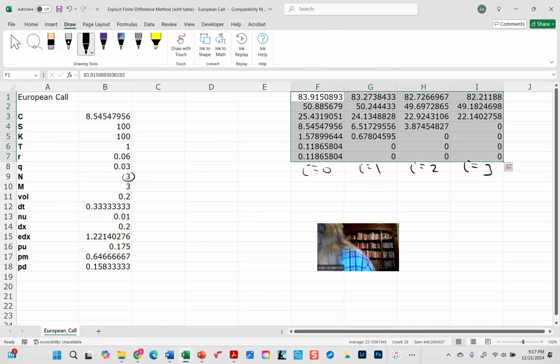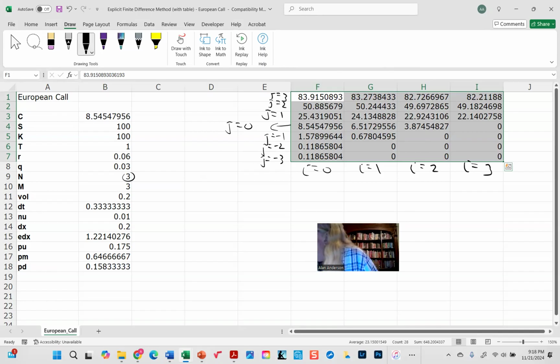This would be J equals 0. And these would be -1. Okay. And so that is the result.